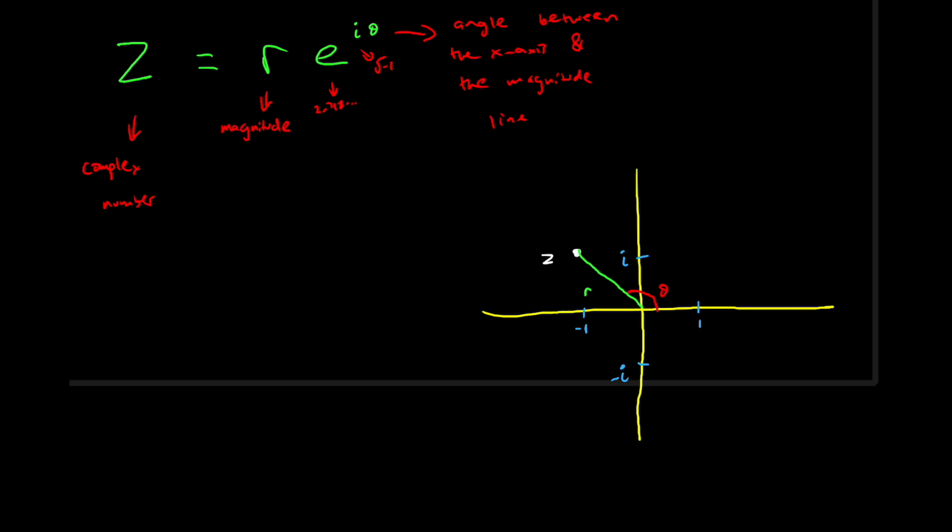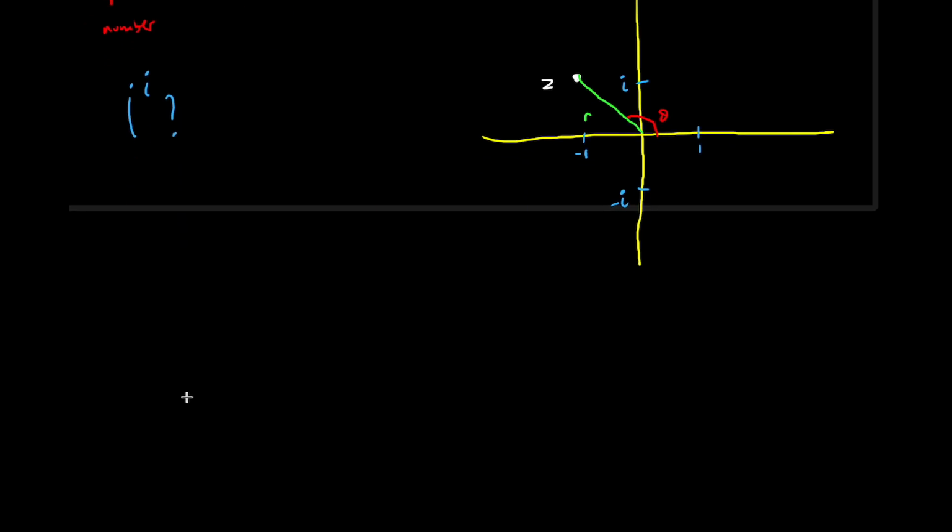Now, how does this apply to finding i to the power i? Well, what if we wrote the complex number i in exponential form? So i is equal to r times e to the power i theta. What's r? What's the magnitude of i?